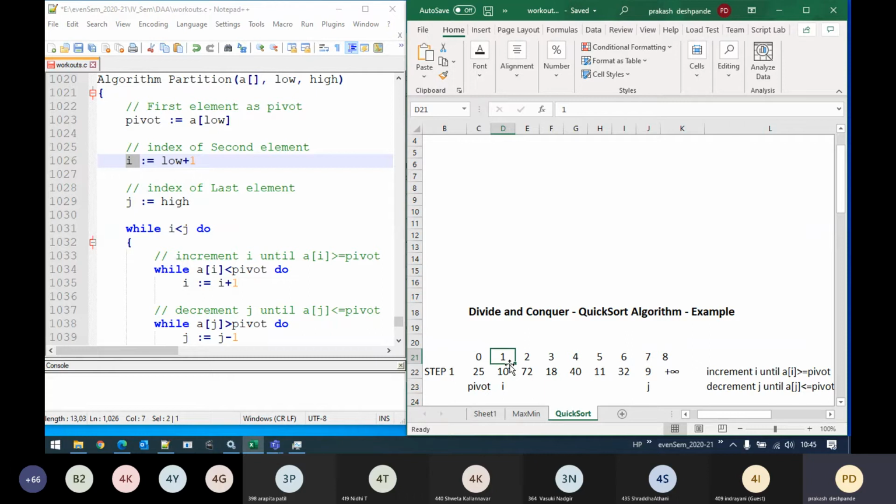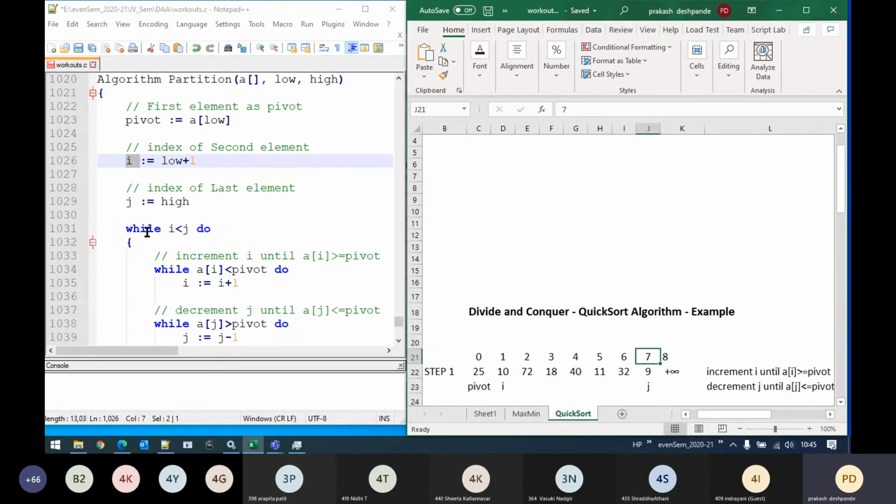I means index 1. 0 plus 1, that is low plus 1, is 1 over here. And at the same time, j is set to high, and we know that high value is 7. So now j means it is 7. Okay, understand that? Pivot means 25. I means index value, that is now it is 1. J means again the index value, that is 7.